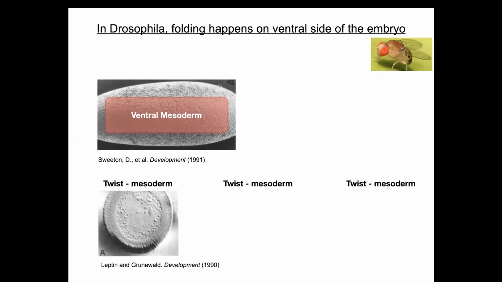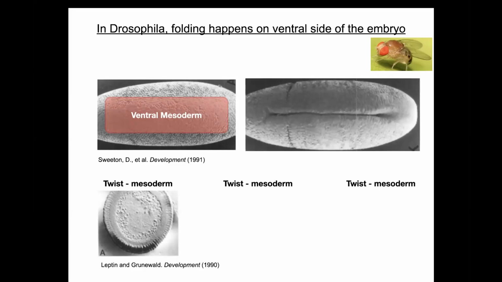And this results in a seam along the ventral midline. The surrounding cells, these blue cells, which start out on the lateral flanks, come together and meet at the midline to close off the mesoderm from the surface. This is shown in cross-section here, where you can see the presumptive mesoderm labeled in black.